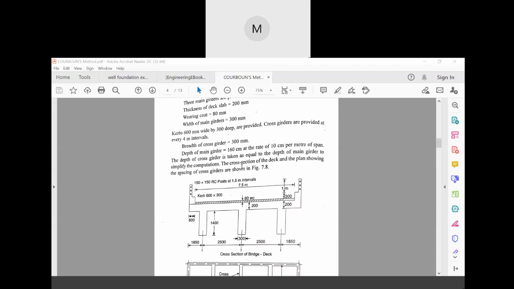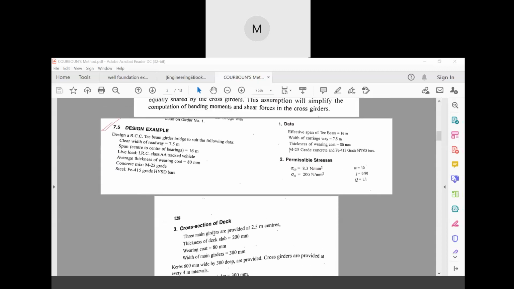Now, three main girders are provided at 2.5 meter centers. Why are three main girders provided? This is because if you see the question, the clear width of roadway is 7.5 meter. That is why we are providing three main girders at 2.5 meter center to center.